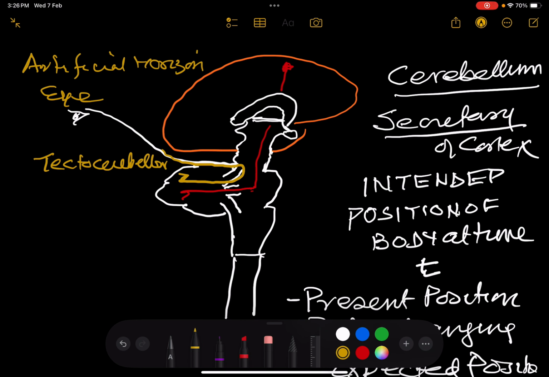The second is information from the semicircular canals, the semicircular canals of the ear, which says what is the present head position and what is the rate of change of the head position, in what plane, and how fast.